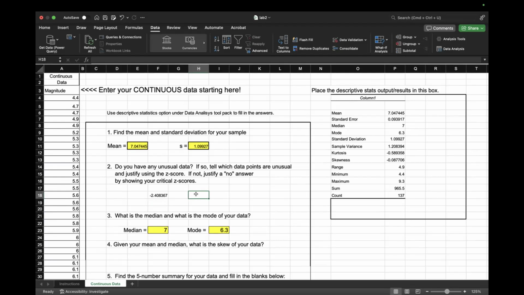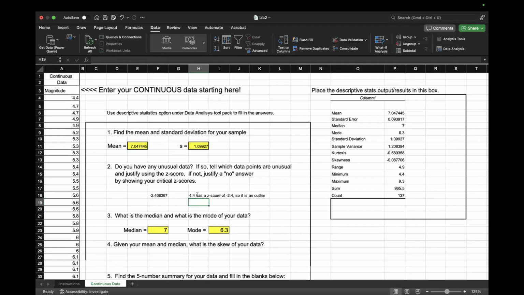I would probably type in here 4.4 has a z-score of -2.4, so it is an outlier. I would type something in so that I can see that you understand what it means. Gotcha. Okay. Thank you. No problem. That was a good question.